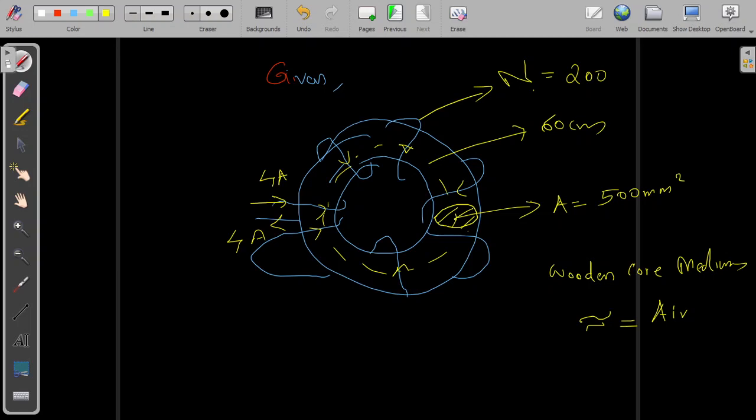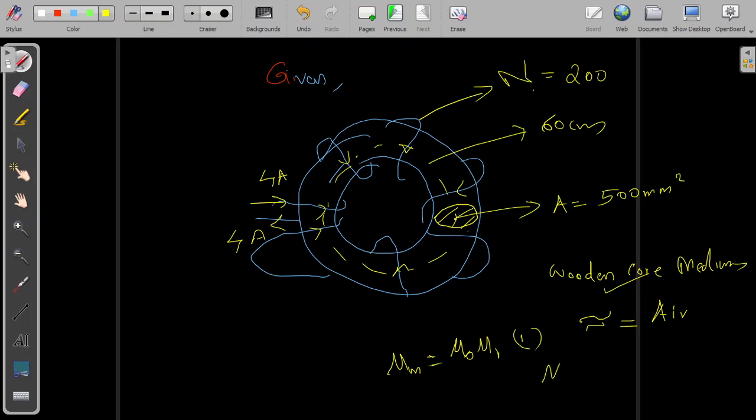Indirectly the examiner has given mu m equal to mu 0 mu r, and mu r for air, wood or any diamagnetic material is 1.